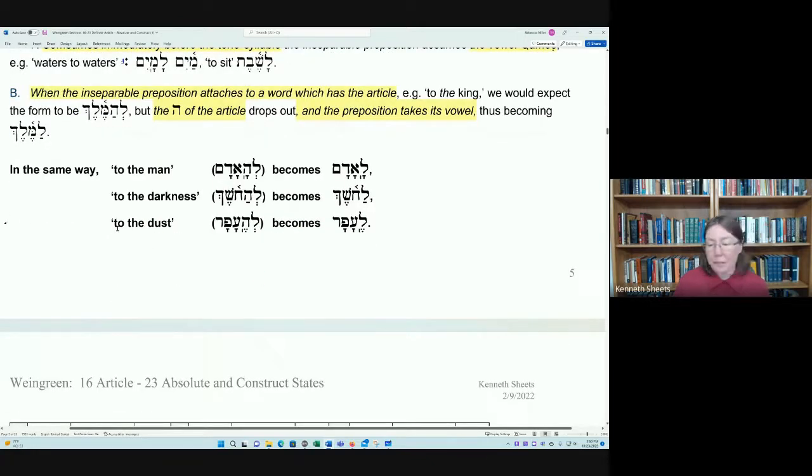Now, B, and this is where I'm going to spend a little bit of time here. So when the inseparable preposition attaches to a word which has the article, for example, to the king, we would expect the form to be le hamelech. But the hey of the article drops out and the preposition assumes the pointing, thus becoming lamelech.